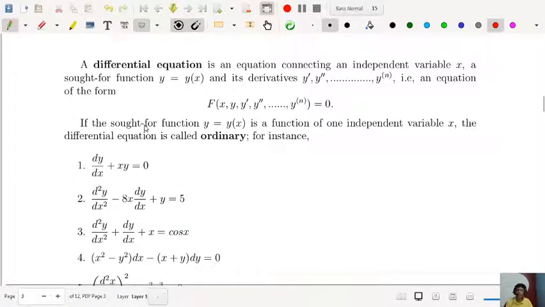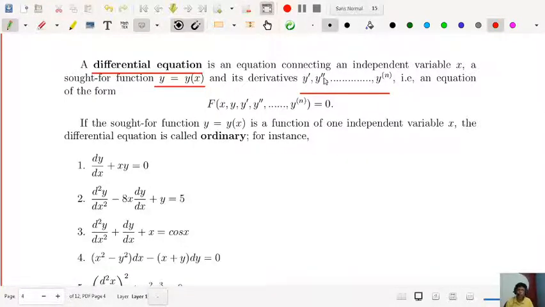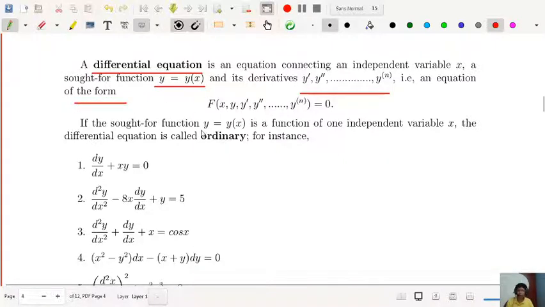Okay, now how will you define a differential equation? A differential equation is an equation connecting an independent variable x, a shout for function y equal to y(x) and its derivatives. y prime is the first order derivative, y double prime is the second order derivative, and so y^n is the nth order derivative, third order, fourth order, and so on.